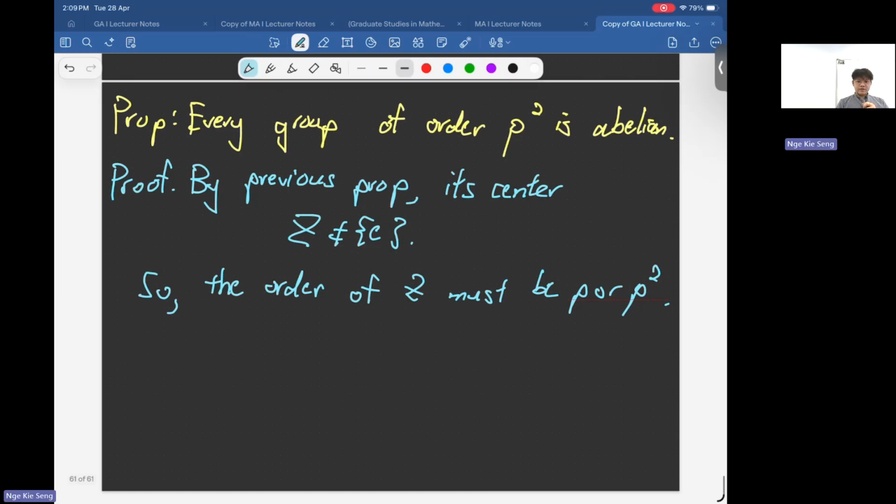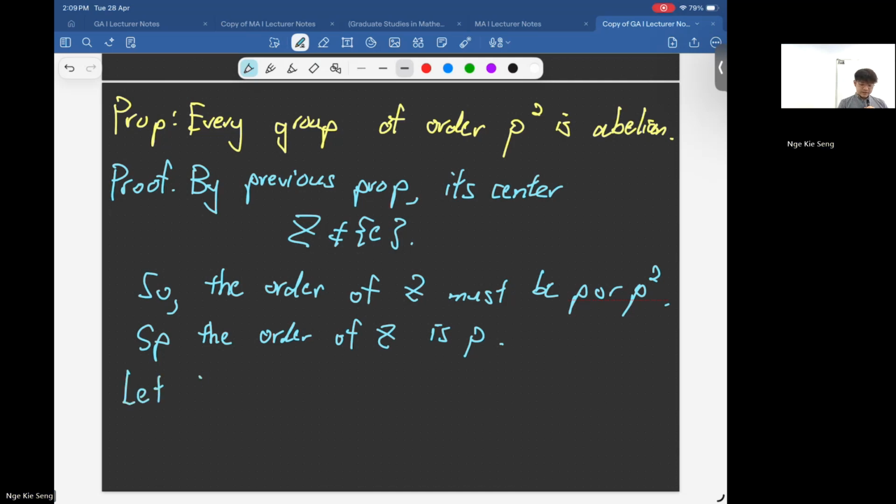Okay, so let's suppose the order of Z is p. Then meaning what? Meaning there is something in the group G. Let's call this group G. There is x in G such that x is not in Z. Then you can consider the centralizer of this x.